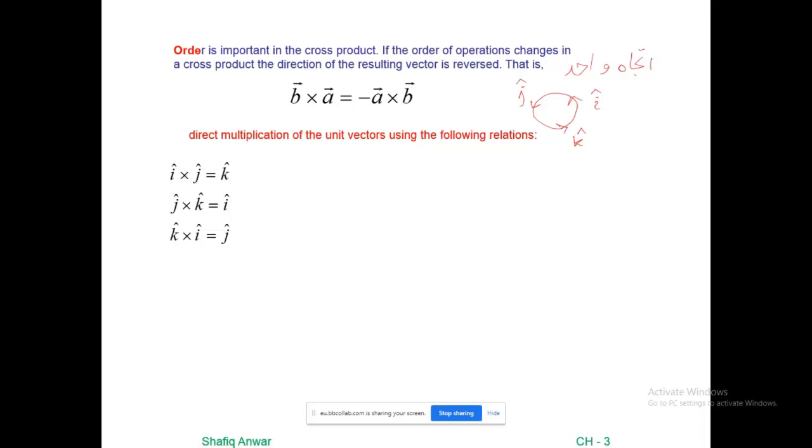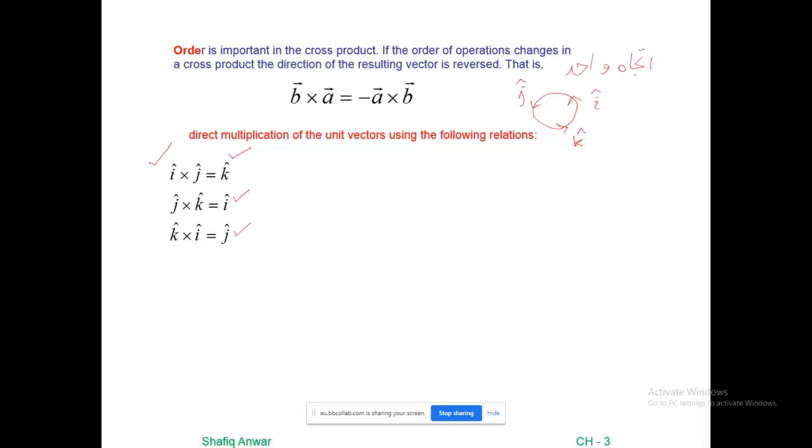If you go in a cyclic way, one way, i, next is j, so i cross j is equal to the third one, k. Similarly, j cross k: j, then next is k, so the answer is the third one, i. For k cross i, you start from k, go in the same one way, cross i, equal to the third one, which is j.